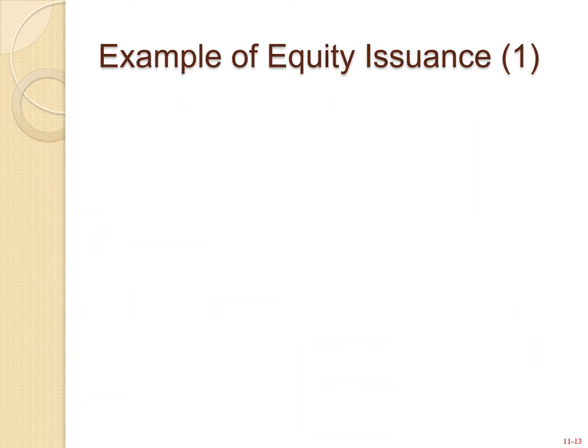Now, I would like to move forward with how companies issue stocks, why do they issue stocks, when do they issue stocks, and what determines the price of this issuance.